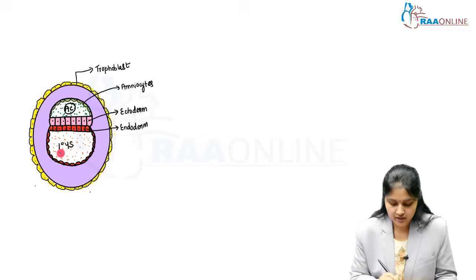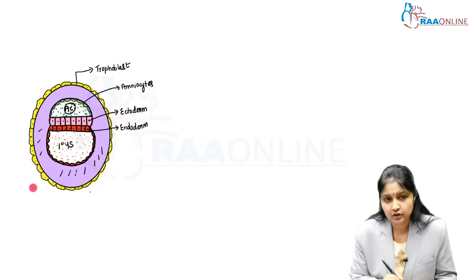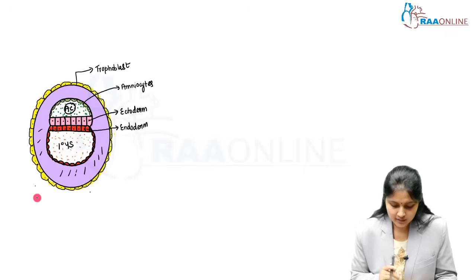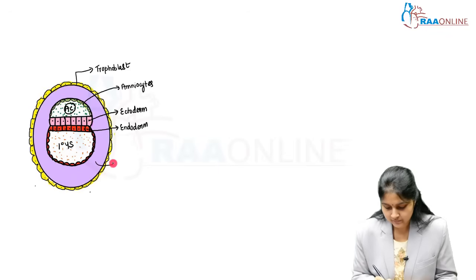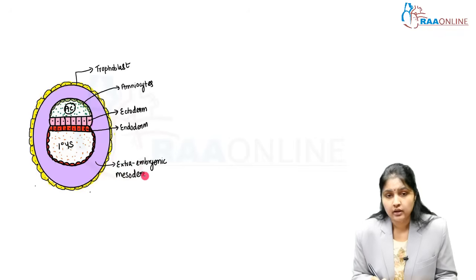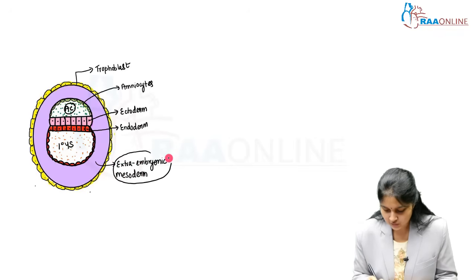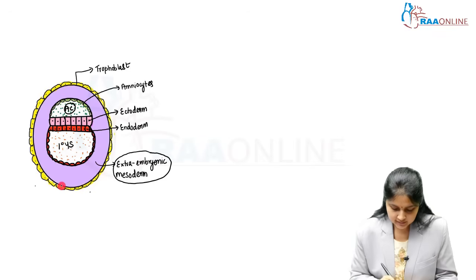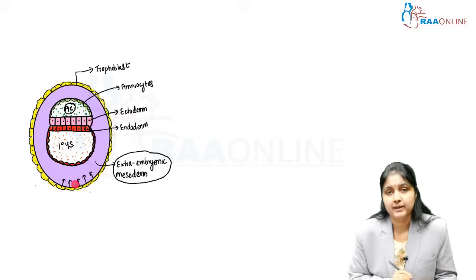Now what is new here is this pink structure that divides the inner embryonic cells from the trophoblast. Now this pink layer that you see is called the extra-embryonic mesoderm. This extra-embryonic mesoderm is a group of cells that are produced inwards from the trophoblast, and it separates the trophoblast from the inner embryonic mass.